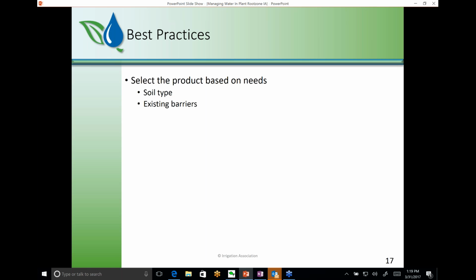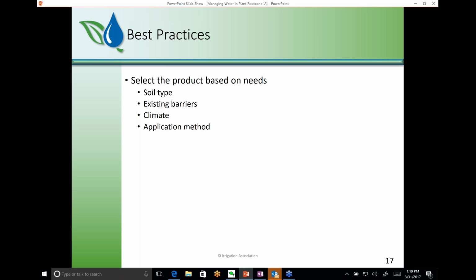What are existing barriers that you might have to overcome? Again, thatch, crust, or organic barriers. What climate do you have where you're trying to maintain your plant material or plant life? And what are the application methods?